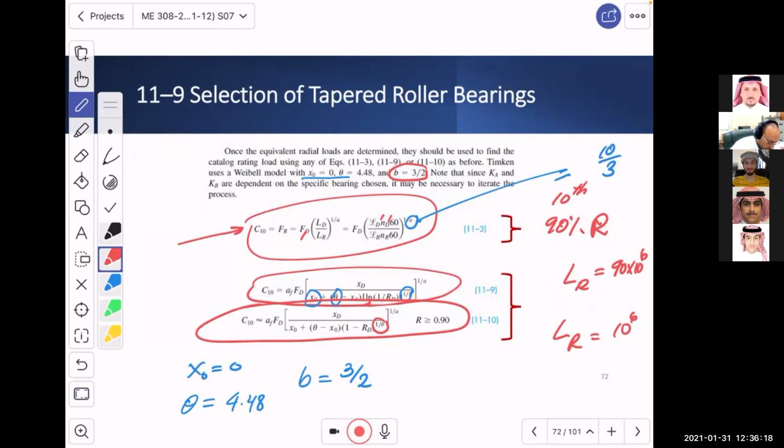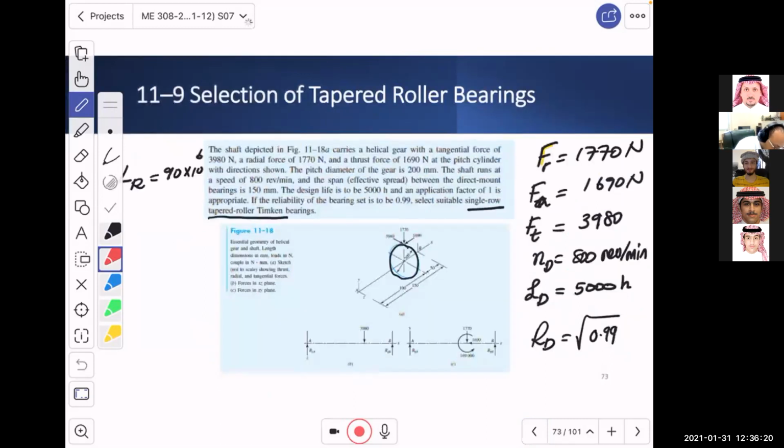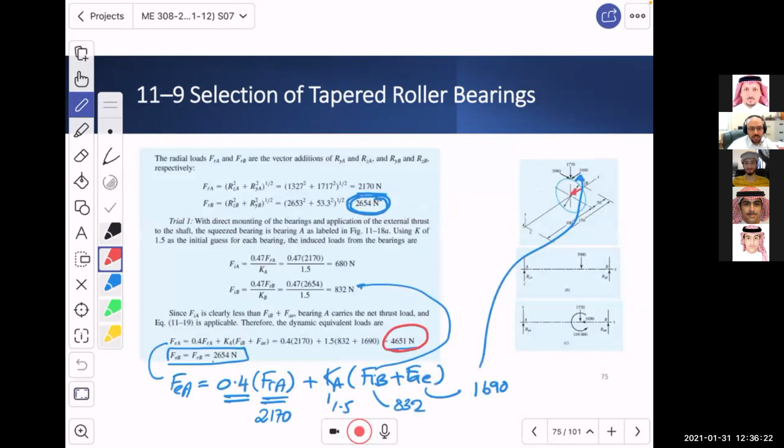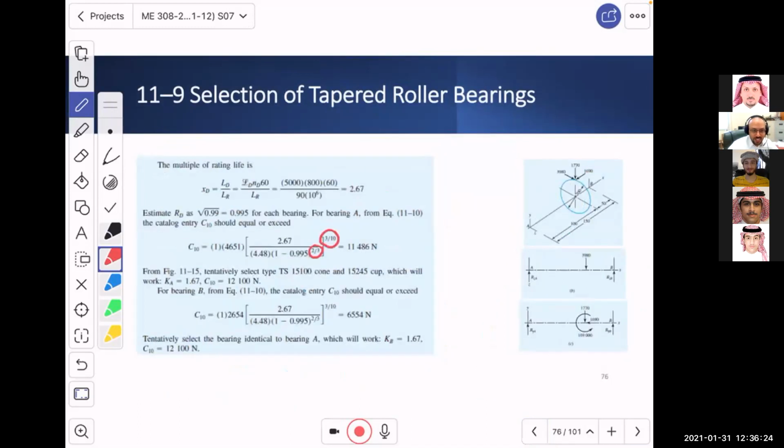Similarly, in here, we have 3/10, not 10/3. Why? Because it is 1 divided by 10 divided by 3. That's why. So be careful. That's a very simple mistake you can make. Okay? And this is the dimensionless life factor.